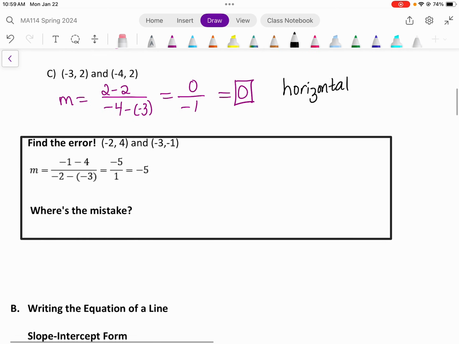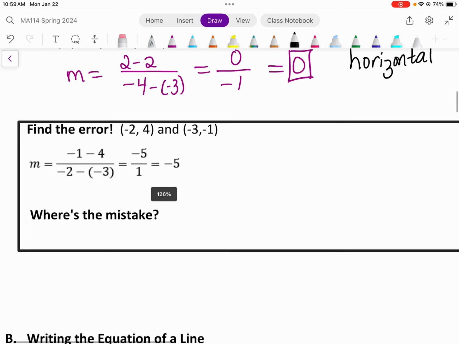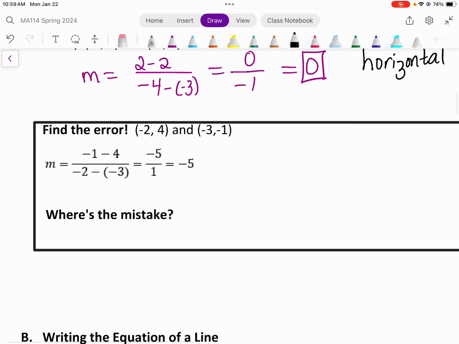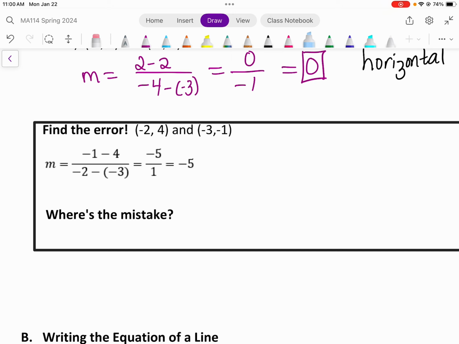All right, what is the error with this problem? So they were to find the slope, but they've made a mistake somewhere in their work. It looks like they did take their y's and subtract them. I don't see a mistake there. But the mistake is right here in the denominator.